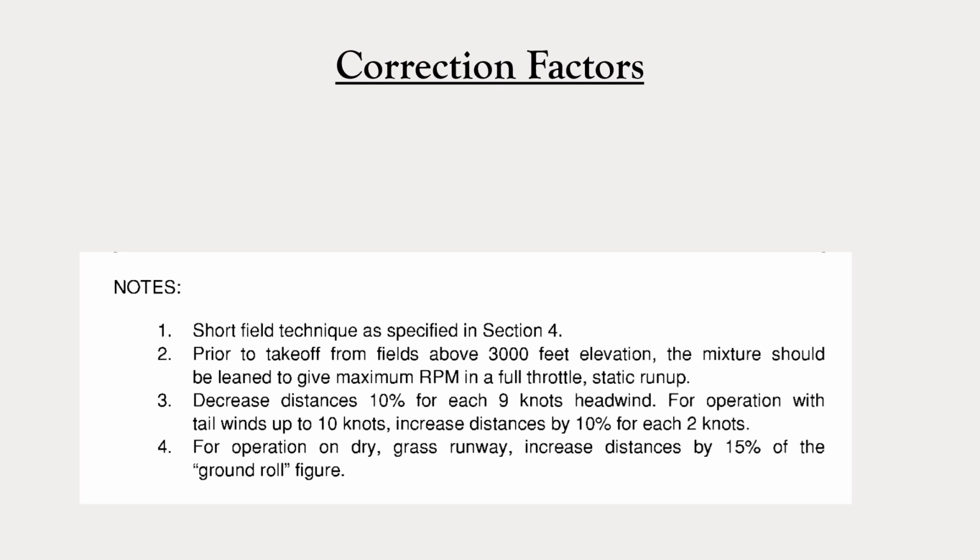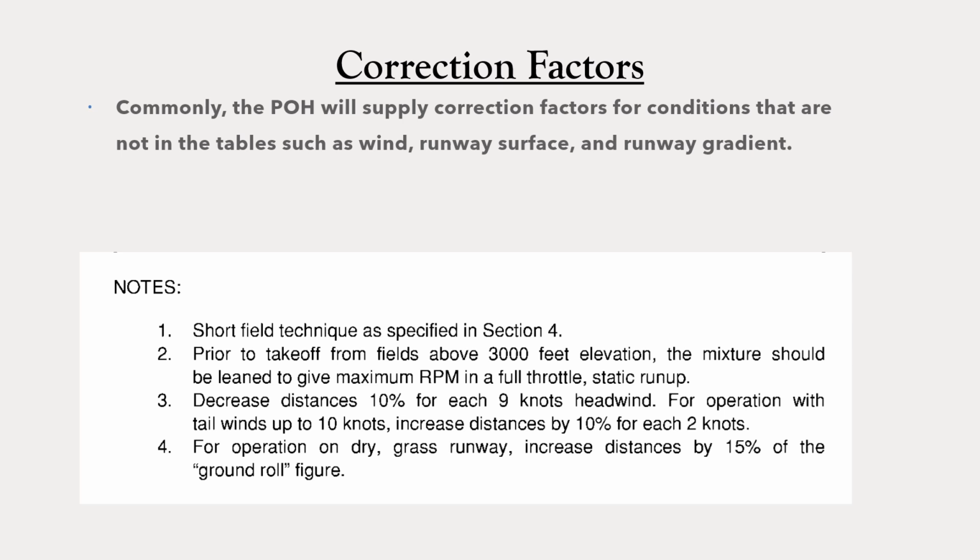So weight, altitude, and temperature are not the only factors that influence your takeoff distance. The takeoff distance will also be influenced by the condition of the runway, gradient, and wind. A common thing you'll find in POH calculations is that they'll give you correction factors to account for those things.